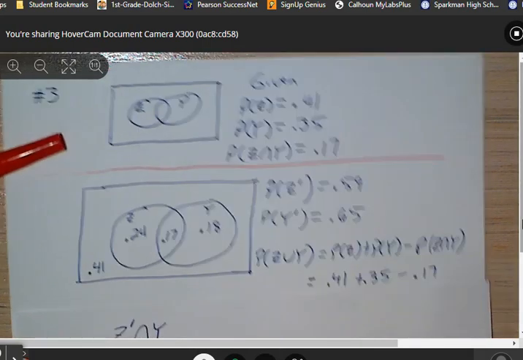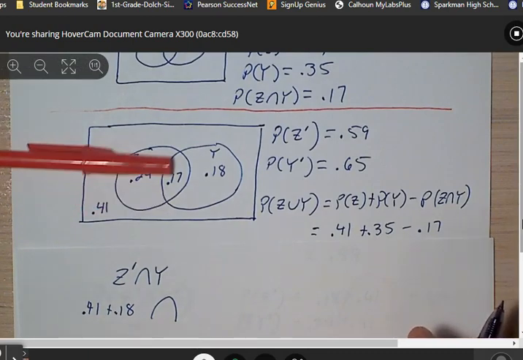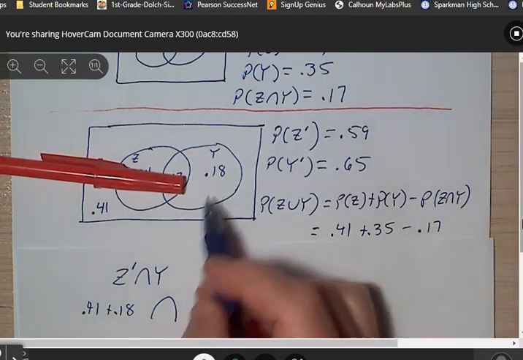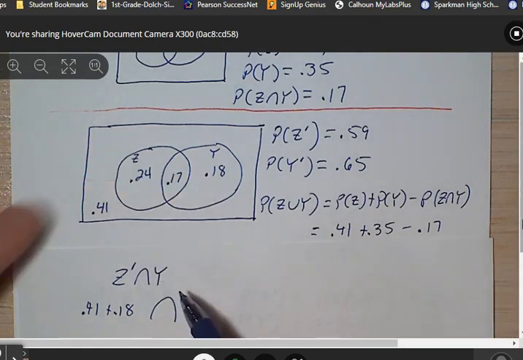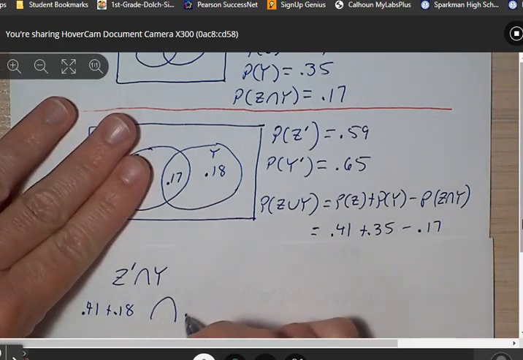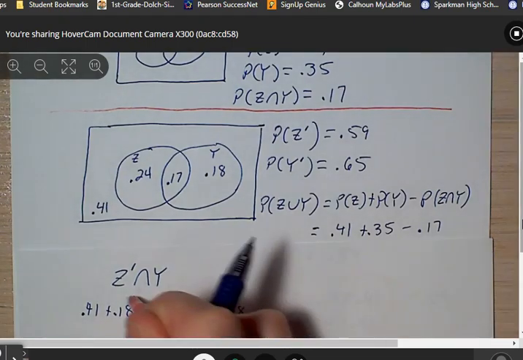Let me slide that up a little bit. Let me do that one again. So Z prime is taking everything that's outside of Z. So that's the 0.18 and the 0.41. And then we're going to intersect that with Y, which is just 0.17 and 0.18. So then what they would have in common is that 0.18.